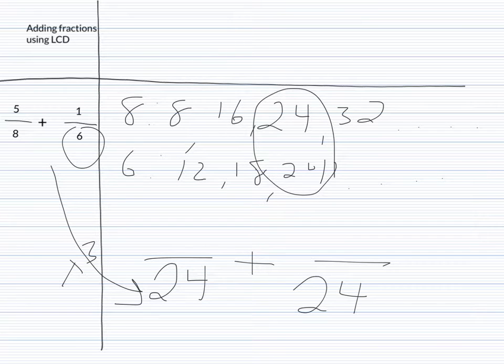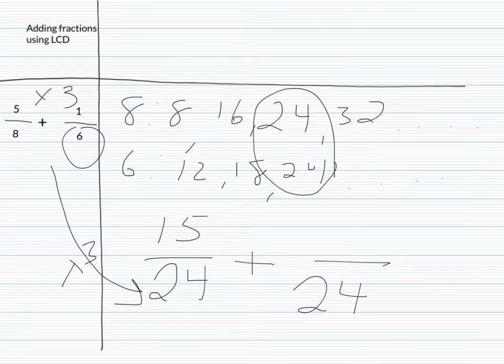Because I multiplied the bottom of this fraction by 3, I'm going to multiply the top by 3. 5 times 3 would give me 15. And 5 over 8 is equivalent to 15 over 24.